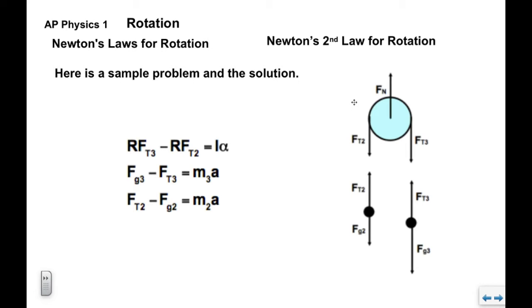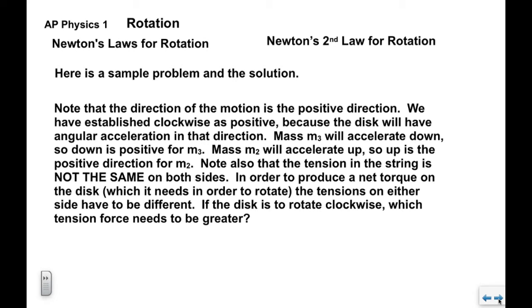Notice that the object is rotating clockwise, so we make that the positive direction. Therefore, this R times Ft3 is positive torque. R times Ft2 is negative torque, equals I times alpha. So this is the torque equation for the disk. Again, note that the direction of the motion is the positive direction.